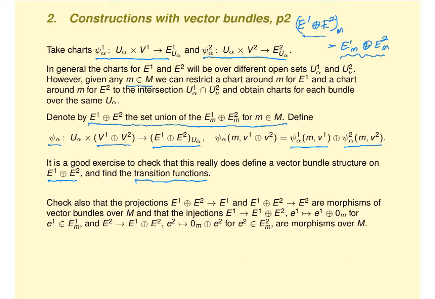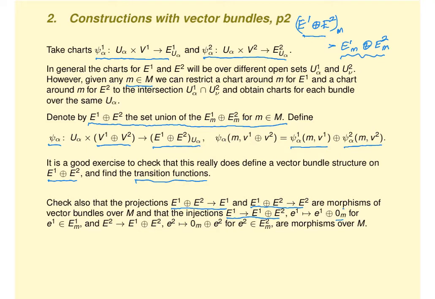So also, you should check that the projection maps, here they are, simply projecting onto the first factor and the one that projects onto the second factor, are morphisms of vector bundles. And indeed, that's extremely straightforward. And likewise, the injections, that I inject E1 into the direct sum simply using 0 in the second factor.